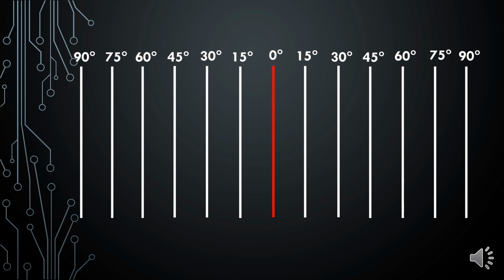So let us look at it from a graphical perspective. Here we have lines numbering from 0 all the way to 90 on both sides of the red line, which is in the middle, that is worth 0 degrees. This line is what we call the prime meridian or the Greenwich meridian.